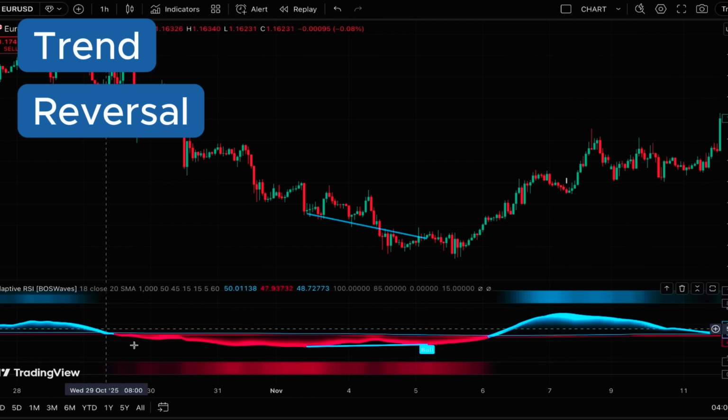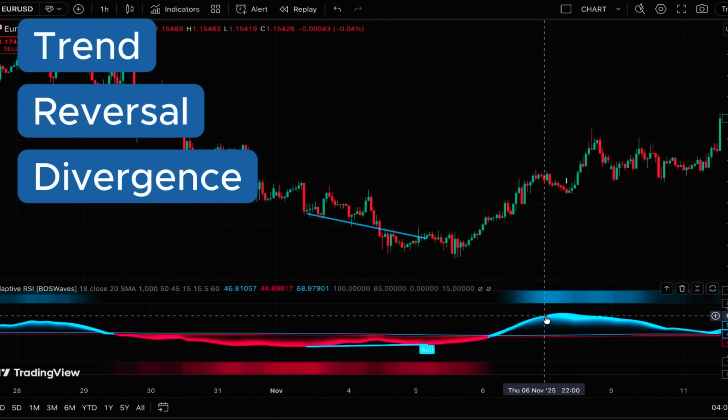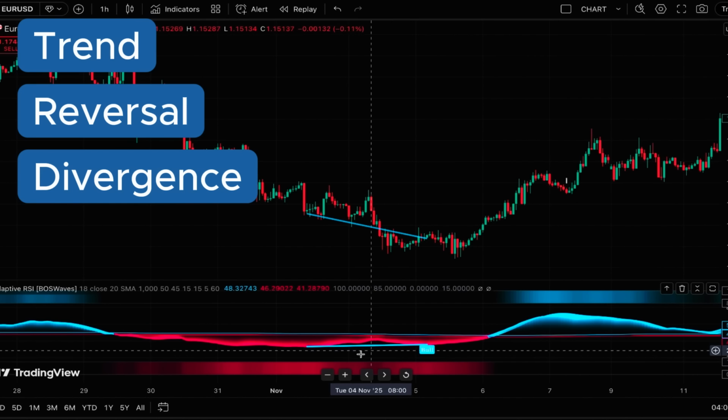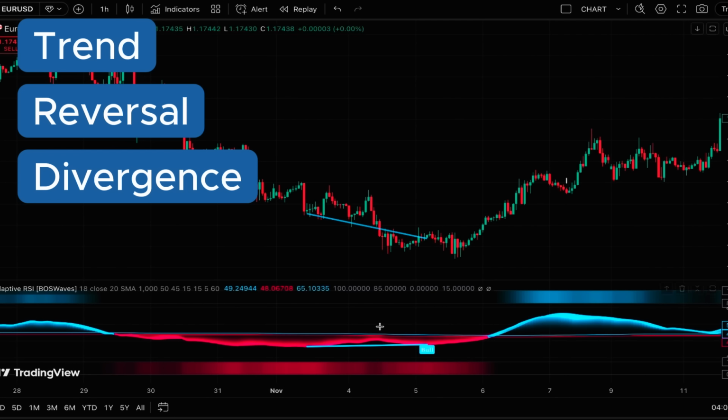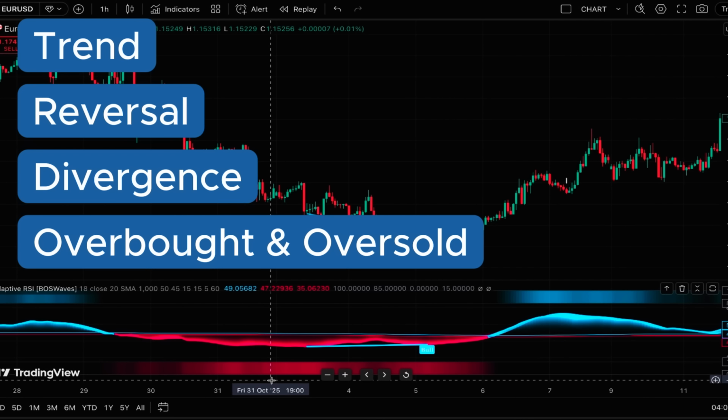When RSI line crosses below the center line, this can be a signal for starting of a downtrend, and when it crosses above the center line, it can be a signal for starting of an uptrend. We have divergence signal for identifying reversals, and the indicator also shows them when there is a divergence in the market, and overbought and oversold conditions when the RSI line is at extreme levels.